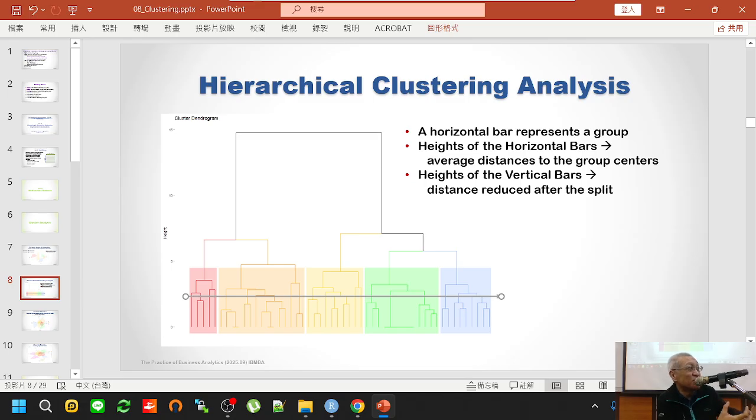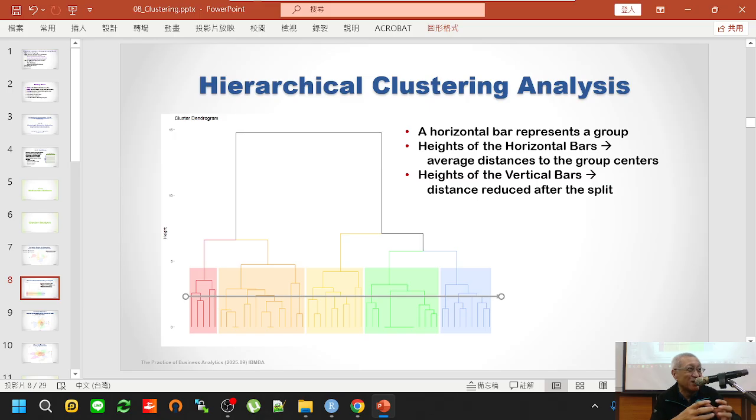But too many groups would be more difficult to manage, right? You need to design a management scheme for each different group. So too many groups will become more difficult, and you will spend more effort to manage, right?